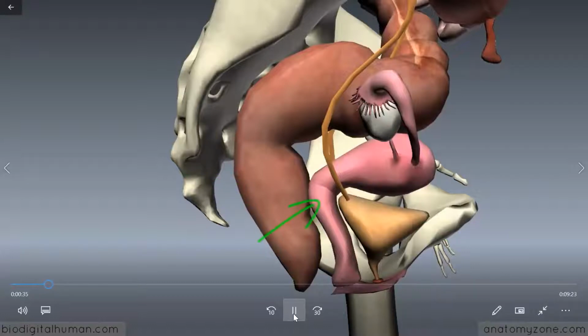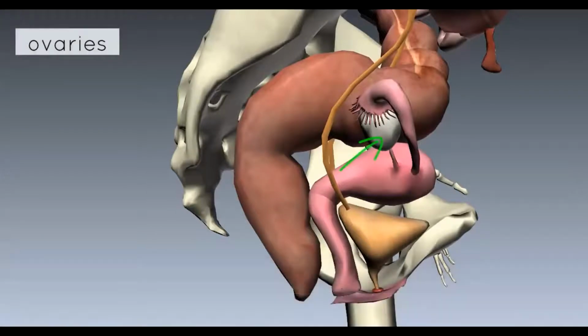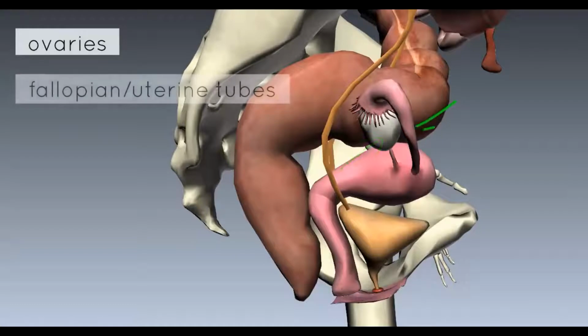The blood and the digestive system behind it. So the main parts that I'm going to talk about are the ovaries, which are the final female sex organ. And then you've got the fallopian tubes.